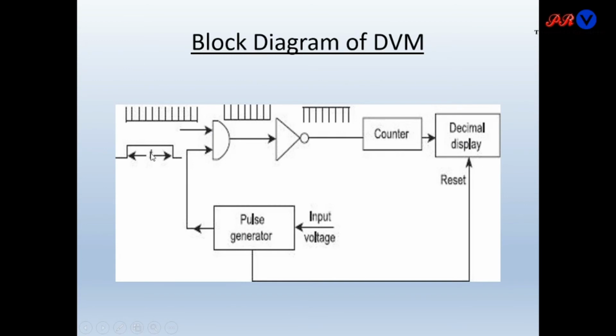So, the pulse generator is producing this rectangular waveform, and the AND gate will provide the same duration pulse train, because the AND gate provides a high output when both the inputs are high. At a low value of one input, it will not provide any output.